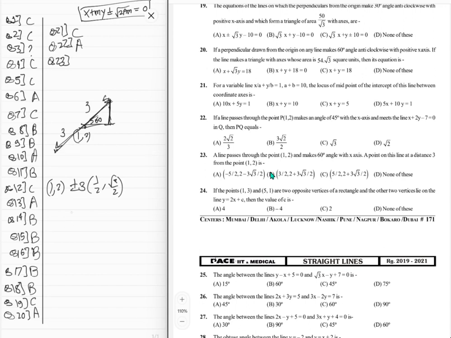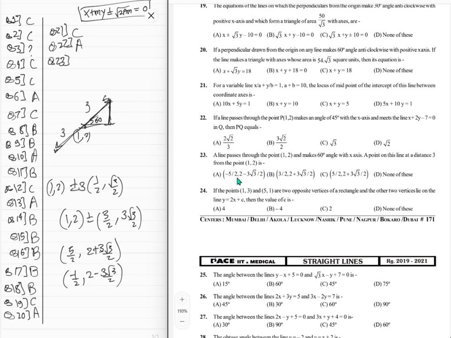So 1 comma 2 plus minus 3 upon 2 comma 3 square root 3 upon 2. You want to figure out both the points individually. Then 1 plus 3 upon 2 is just 5 upon 2, and this would be 2 plus 3 square root 3 upon 2. And 1 minus 3 upon 2 is negative 1 upon 2, and this would be 2 minus 3 square root 3 upon 2. Cool.